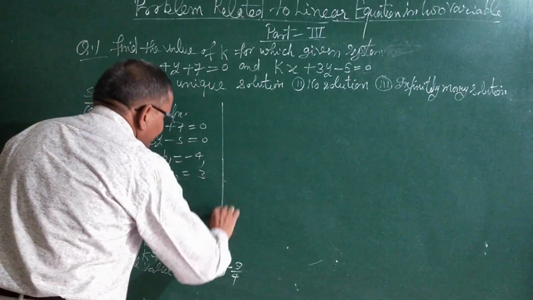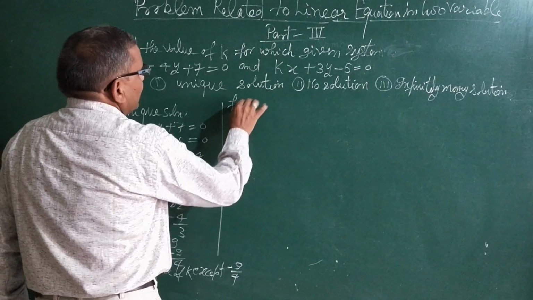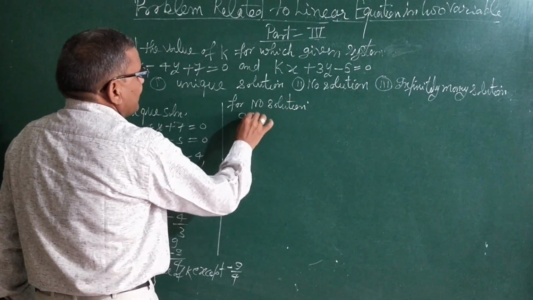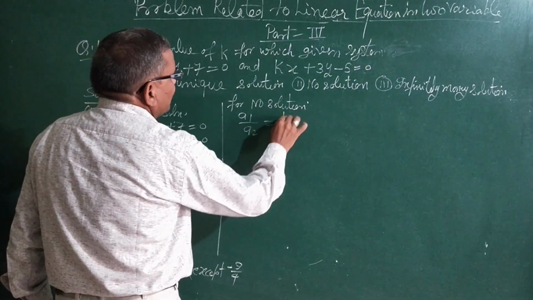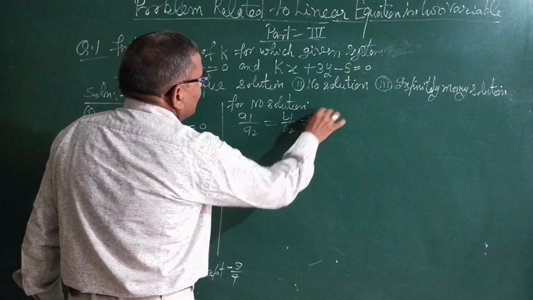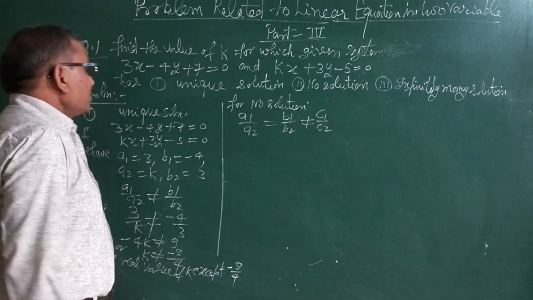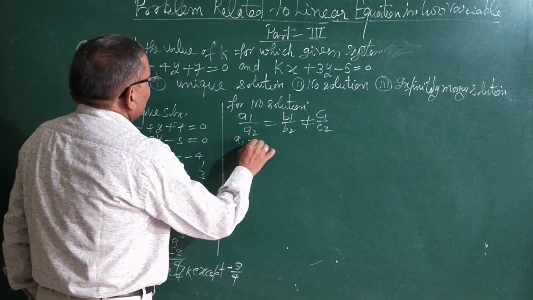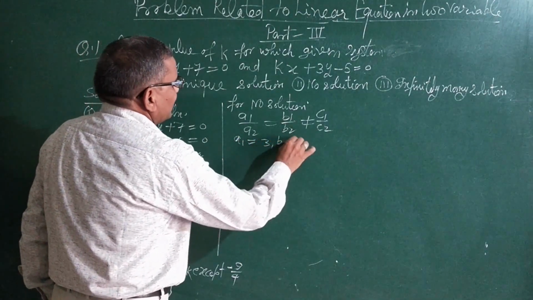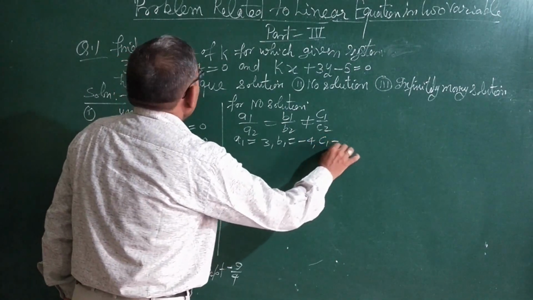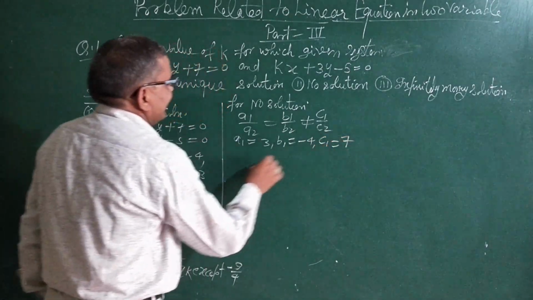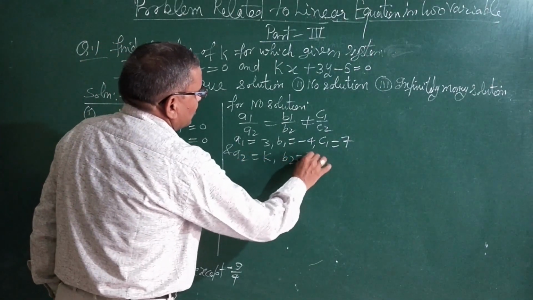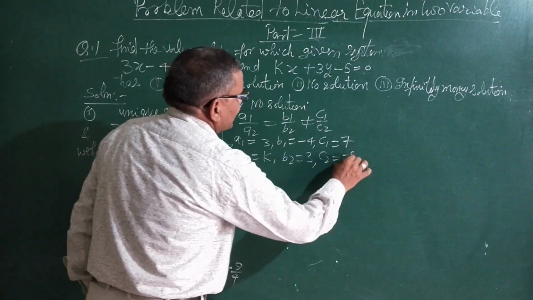For no solution, a1 upon a2 is equal to b1 upon b2 is not equal to c1 upon c2. Here a1 is equal to 3, b1 is equal to minus 4, c1 is equal to 7, and a2 is equal to k, b2 is equal to 3, c2 is equal to minus 5.